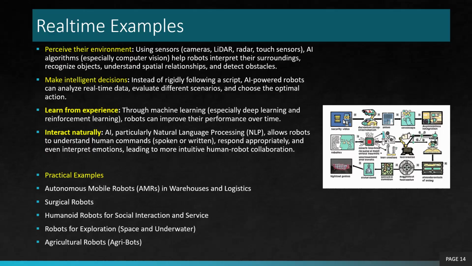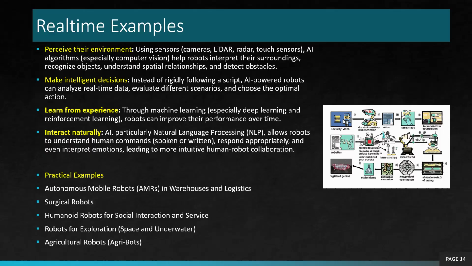Now, some examples: autonomous mobile robots, or AMR, in warehouses and logistics. One very easy example: we had a discussion with the Flipkart CEO last year in our office. He came and visited and was telling us how they are using robots in Flipkart for intelligent automation, warehouse fulfillment, and inventory management.